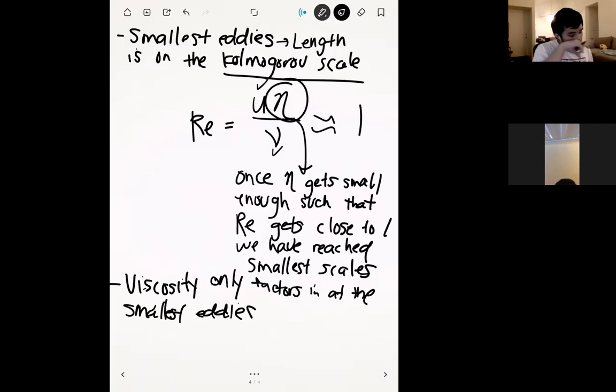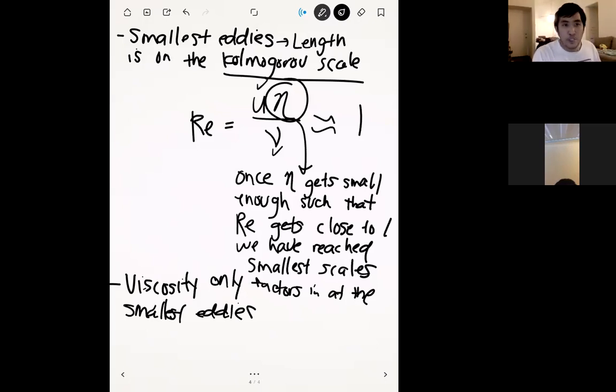Okay. And just from the Reynolds number, we can see that, as a theme in this class, when the Reynolds number is close to 1 or lower, viscous effects are going to become dominant. Before, what we examined was the overall Reynolds number for the general flow.